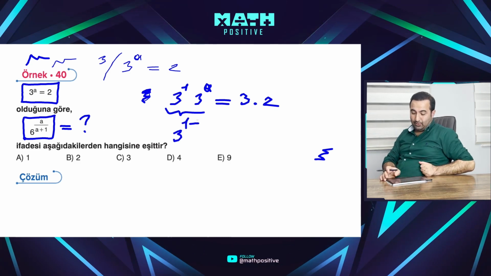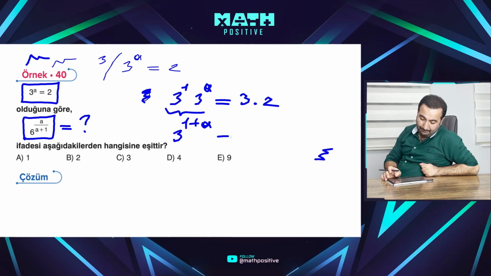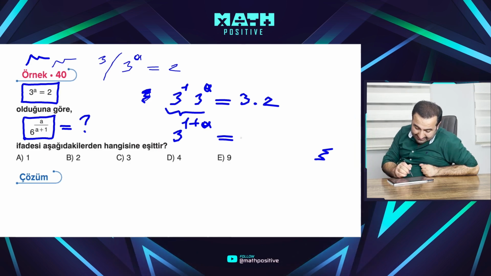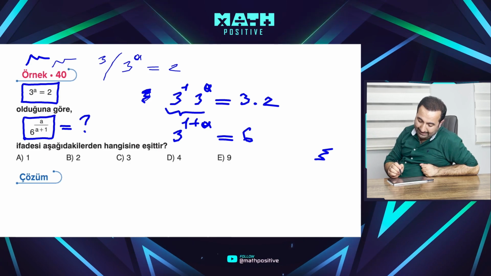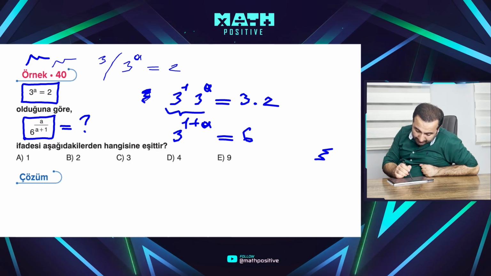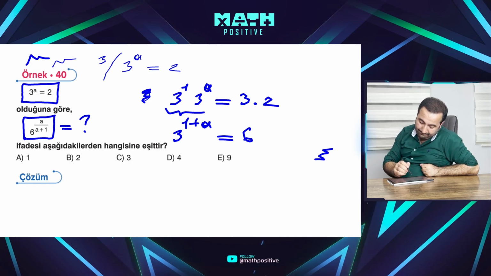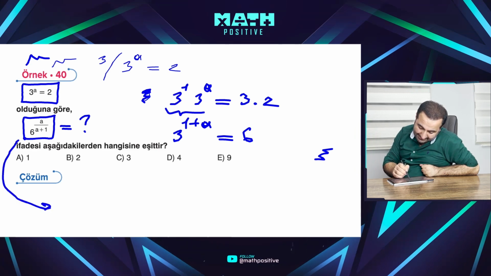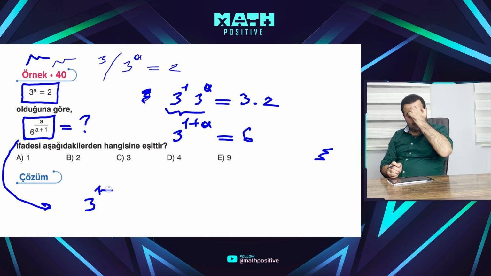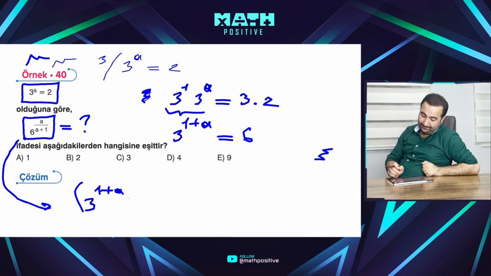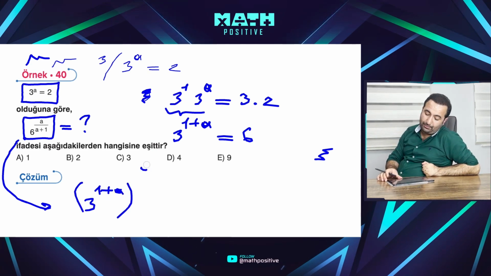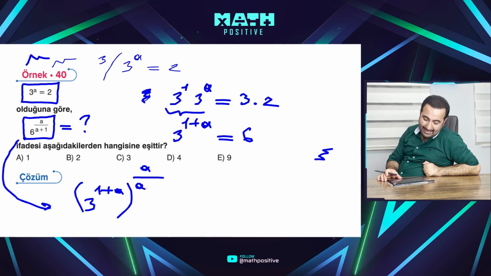We will have this equation. As you see, here is a multiplication of the same base. We have 1 power here. This will be equal to 3 to the power 1 plus A, which is equal to 3 times 2, 6. We now have our 6 equal to 3 to the power 1 plus A.